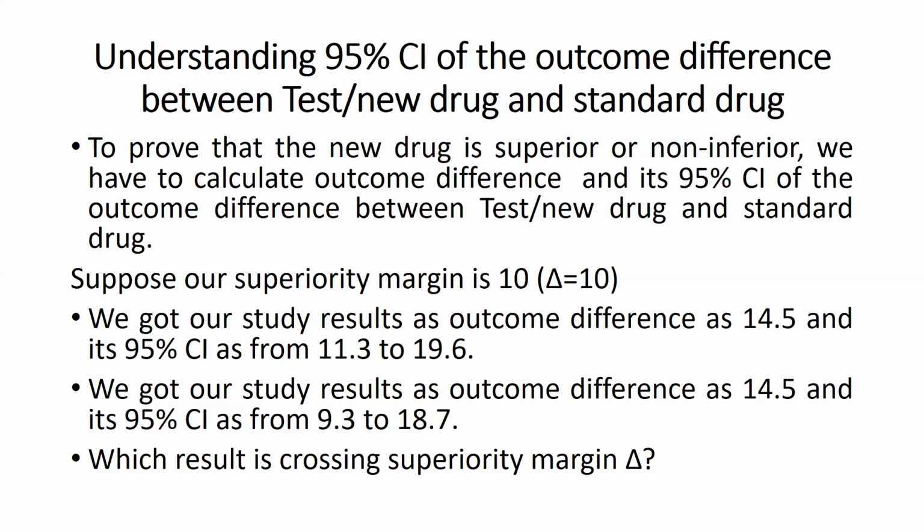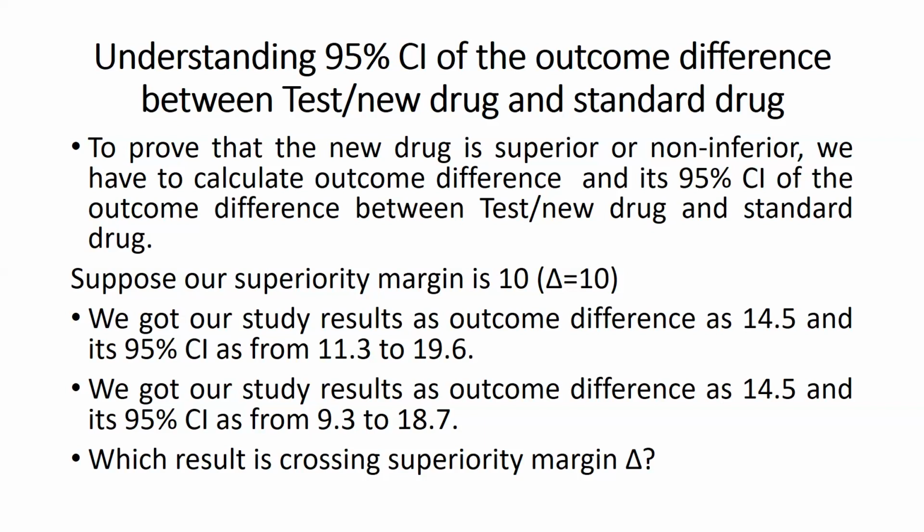If our 95% confidence interval of the outcome difference is crossing the superiority margin, that is 10 in this case, then we can conclude that the new drug is not superior.